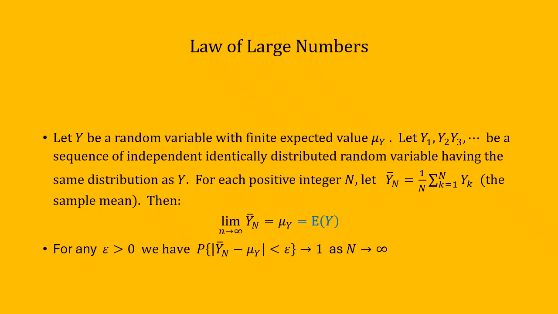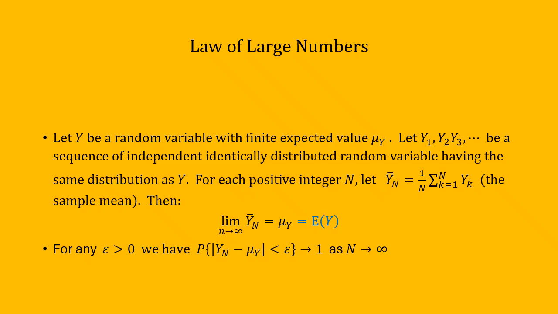That means that for any positive number epsilon, a fixed number epsilon, the probability that the sample mean y sub n bar minus the mean of y, mu sub y, in absolute value is less than epsilon goes to 1 as n goes to infinity.